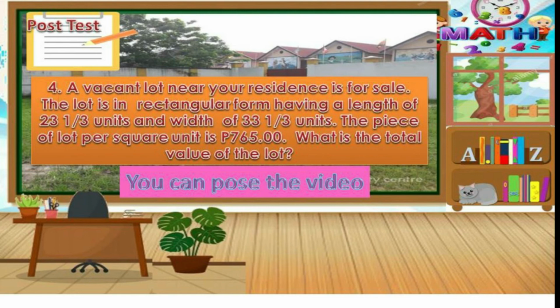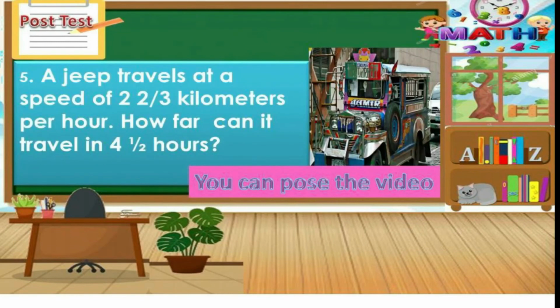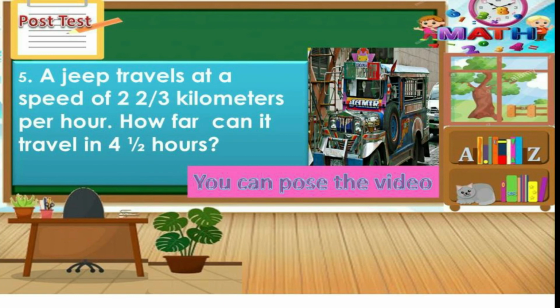What is the total value of the lot? Okay, for question number 5, a jeep travels at a speed of 2 and 2/3 kilometers per hour. How far can it travel in 4 and 1/2 hours? Okay, you can pause the video and answer that for 2 minutes.